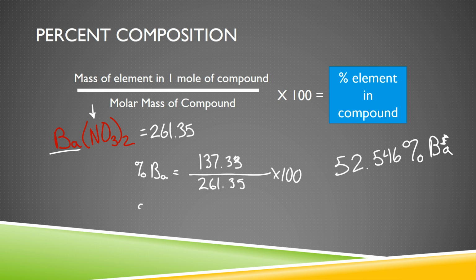If I was looking for percent of nitrogen, it's still going to be out of the total mass of it, but what number am I going to put on the top position there? How many nitrogens do I have in there, and then what's the mass of nitrogen? So I have 2 nitrogens in this compound. Nitrogen's mass for 1 is 14.01, so 28.02.